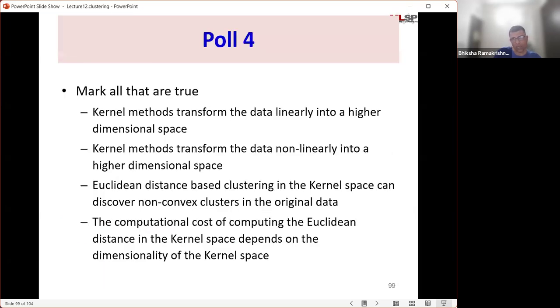So let me see if I can pull up this fourth poll. Can you see the poll?